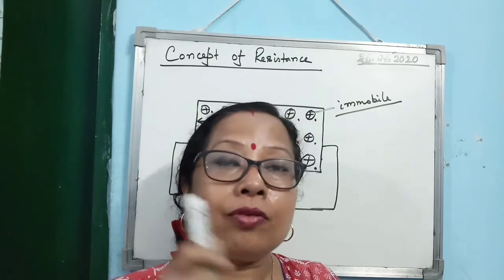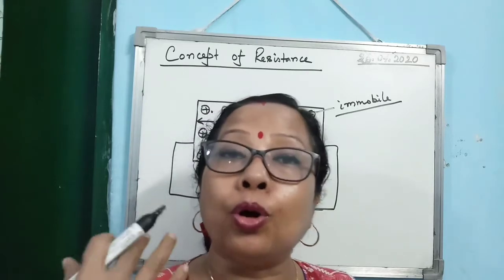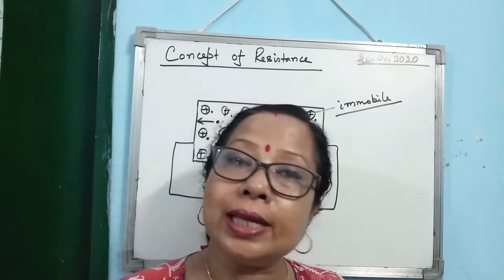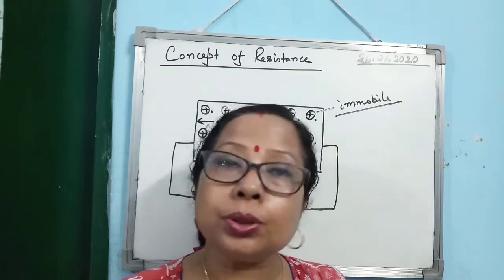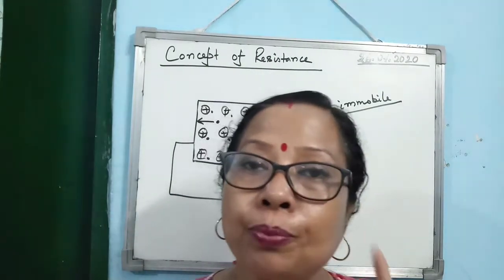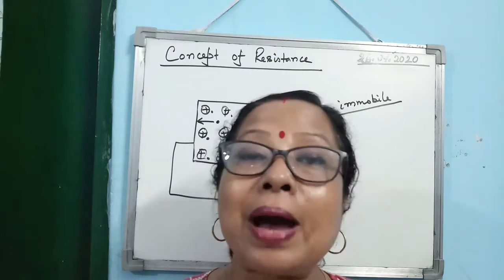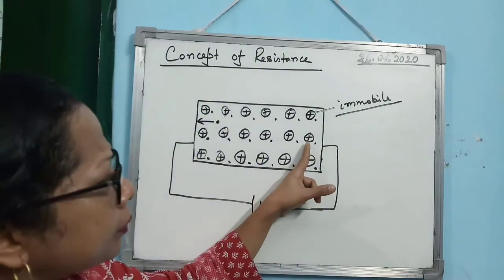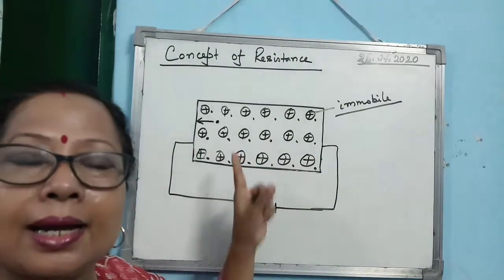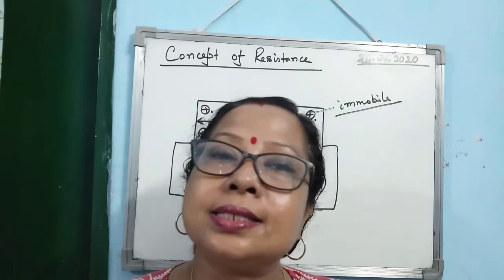So when the electrons try to move within them, they will oppose their motion. This opposition offered to the flow of current by the immobile positive ions inside the conductor is known as the electric resistance.